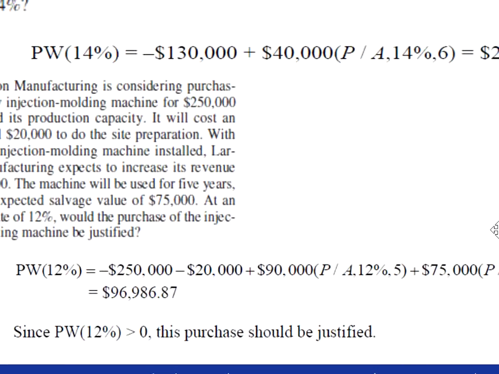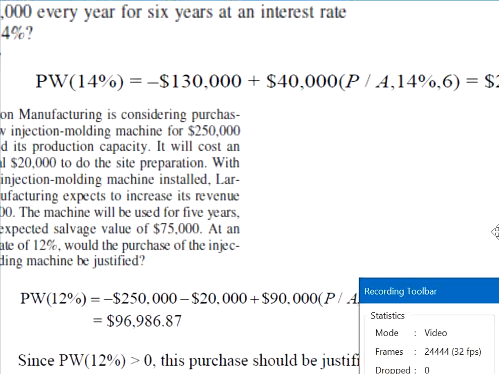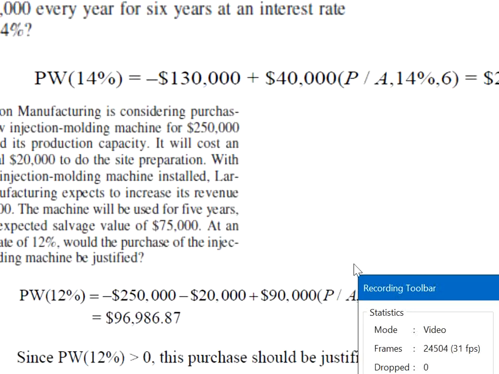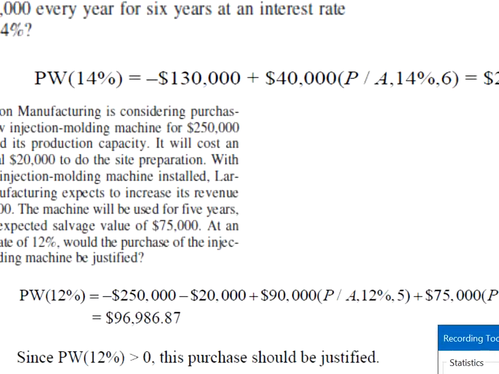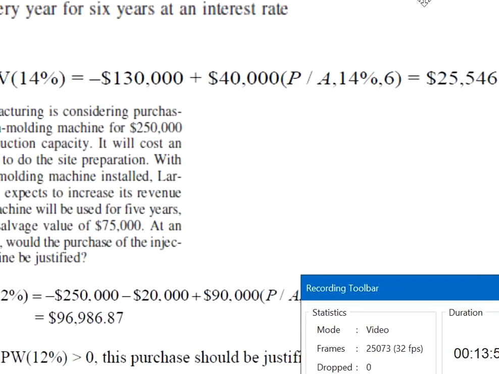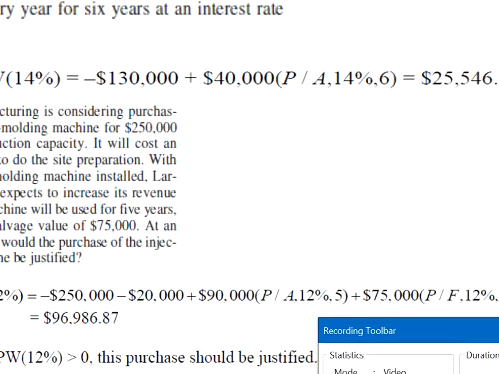Yes, so present value is minus 250,000 minus 20,000 plus present value of this annuity, and then present value of this 75,000 in year 5. I'll show you.